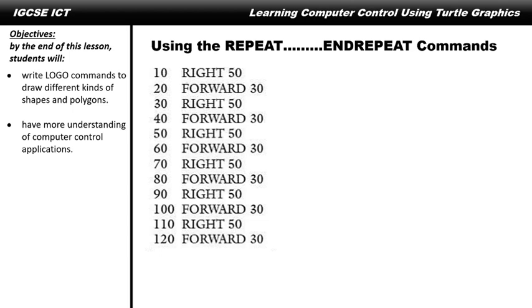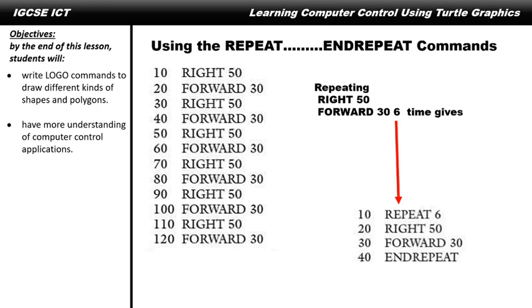We have right 50, forward 30, right 50, forward 30, right 50, forward 30, and so on, repeated about 6 times. This is redundant. It can be done using the simple repeat and end repeat commands. If I put right 50, forward 30 inside repeat and end repeat, it makes it more efficient and faster for the microprocessor, or the computer, to execute.